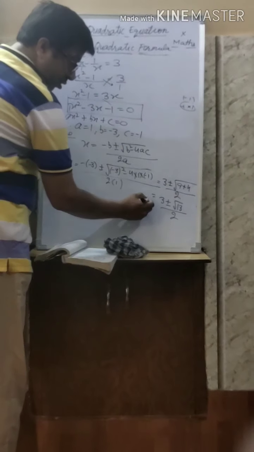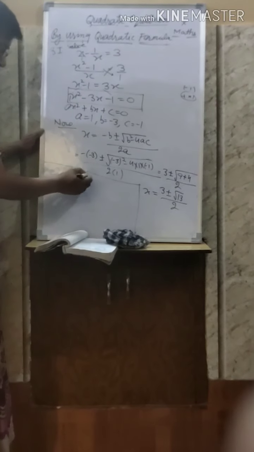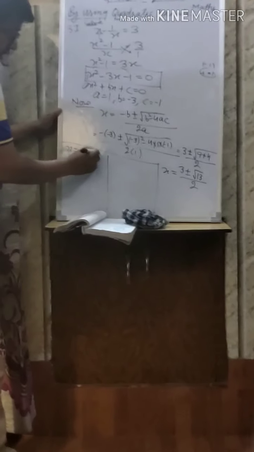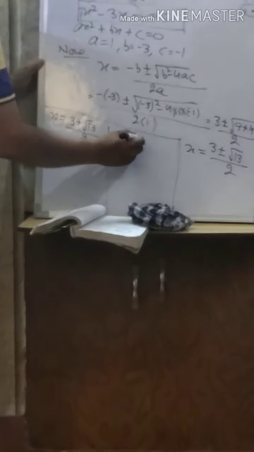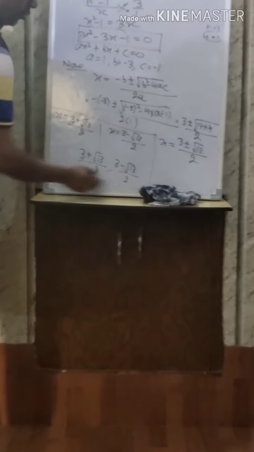So my dear students, these are the two values. One will take the positive sign and one will take the negative sign. So 3 plus root 13 by 2, and another with the negative sign, 3 minus root 13 by 2. So the answer is 3 plus root 13 by 2 and 3 minus root 13 by 2.